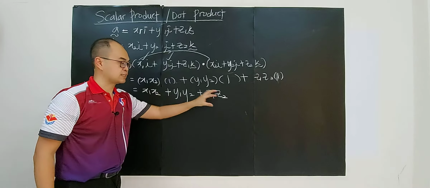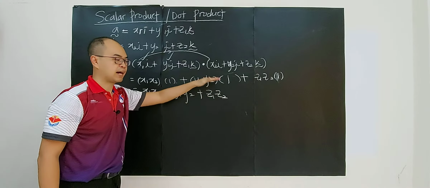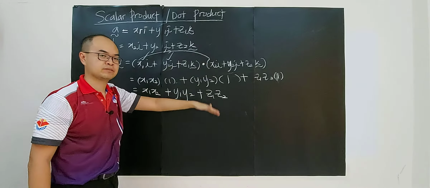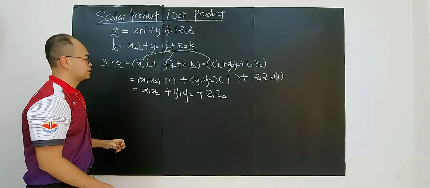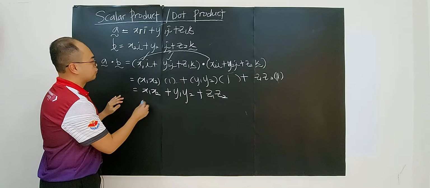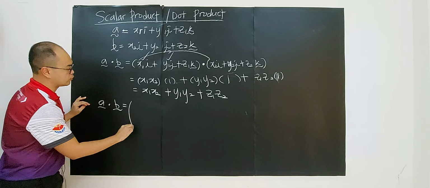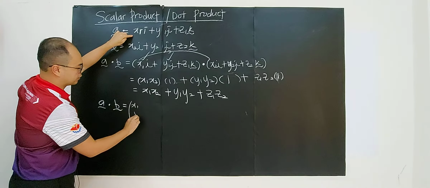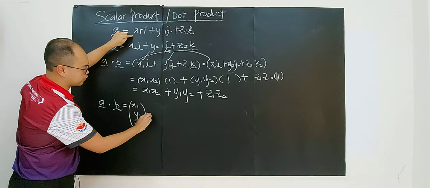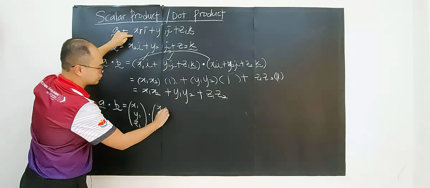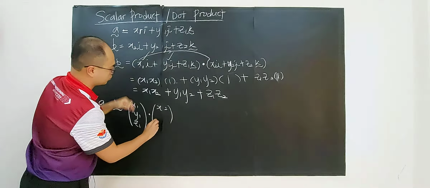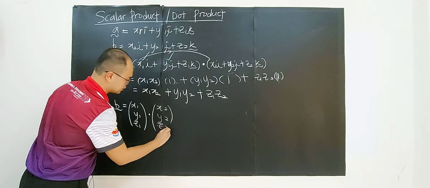But how we get such a simple thing is from the hard work behind this derivation. You have to understand this. Very simply, if a dot b, you can write it in column vector form: x1, y1, z1 and then x2, y2, z2.